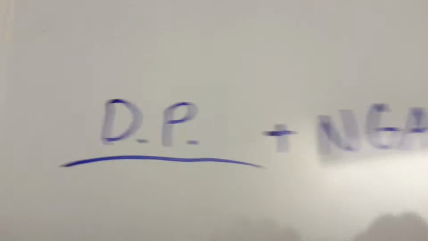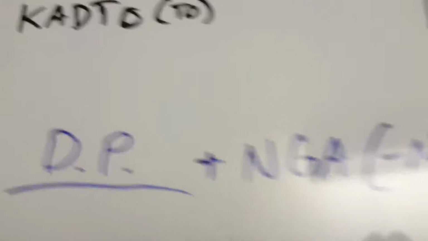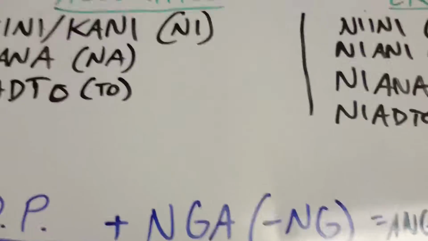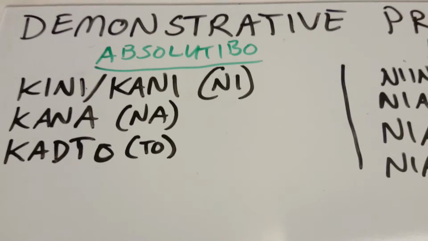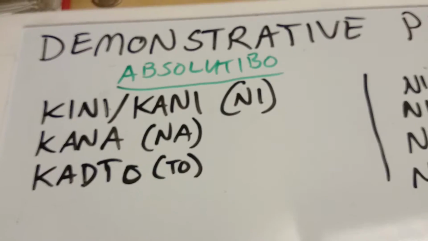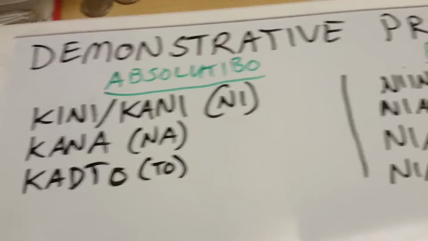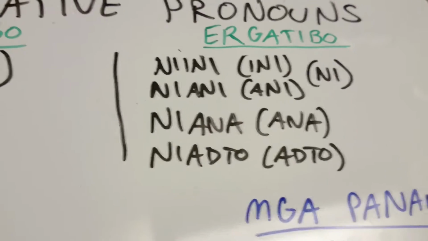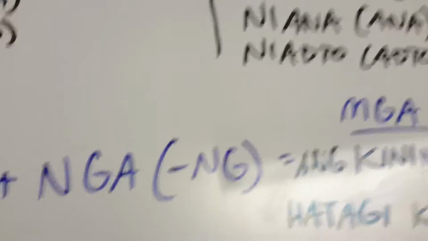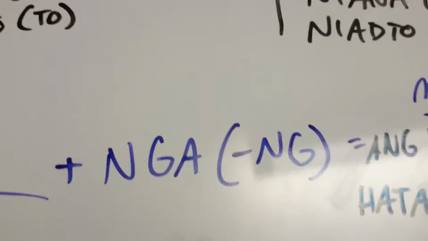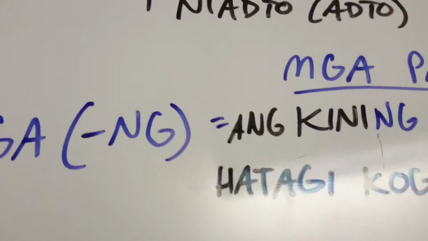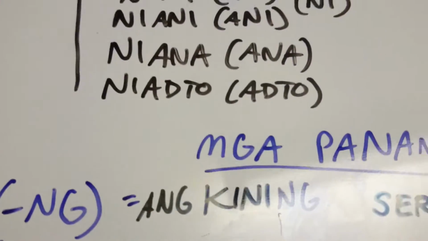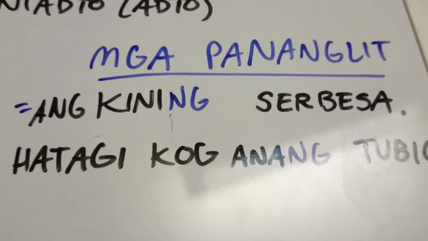So we get our demonstrative pronoun plus the nga ligature, because usually these demonstrative pronouns will come before a noun or some object or thing that they're going to modify, right? And it's going to be common among speakers, and when you get a chance to listen to speakers say these things, you'll understand and you'll know.